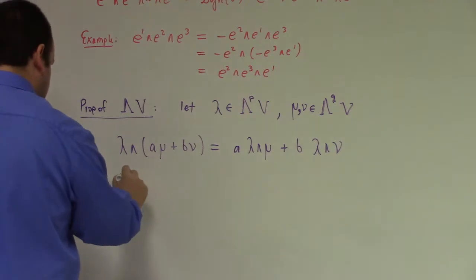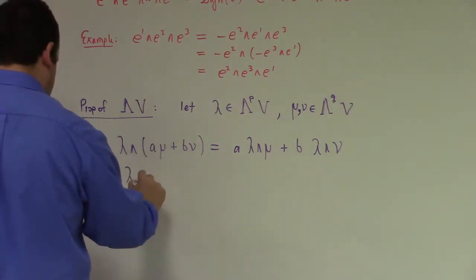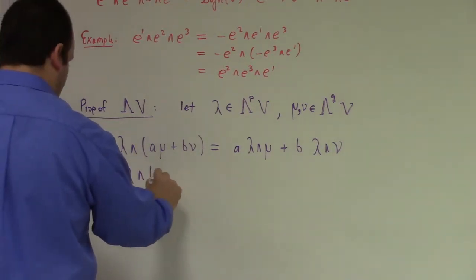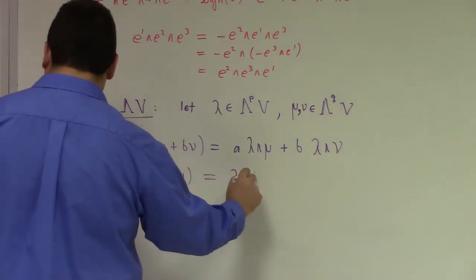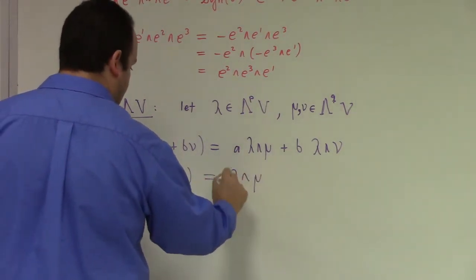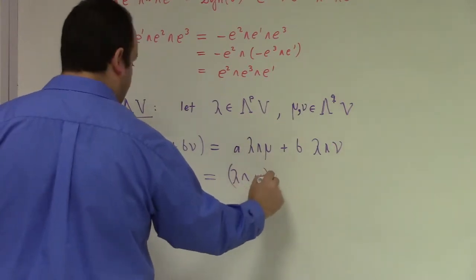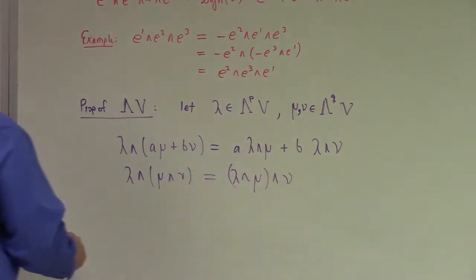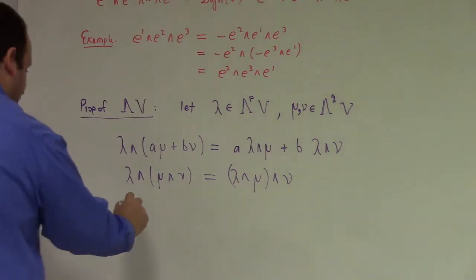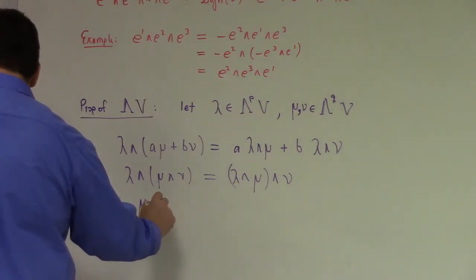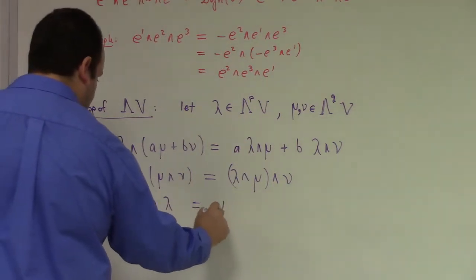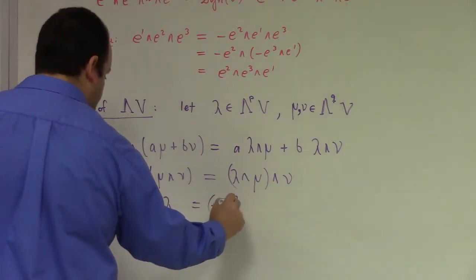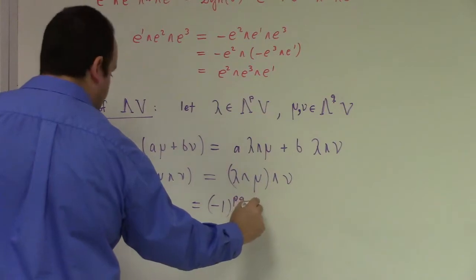And the wedge product is associative. You notice that I've been assuming that in the red calculation just above this as well. So it's associative, and it has graded antisymmetry: mu wedge lambda is equal to minus 1 to the pq lambda wedge mu.